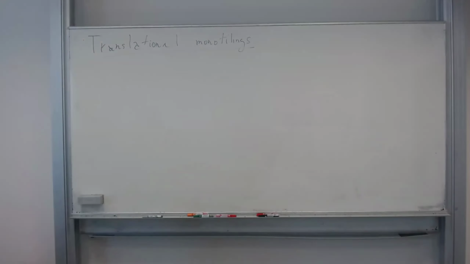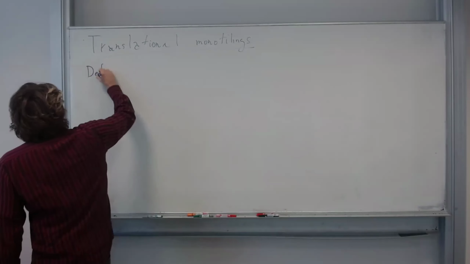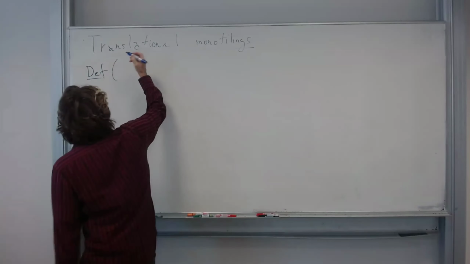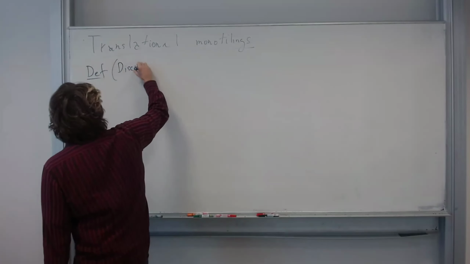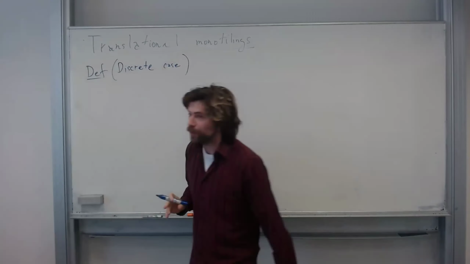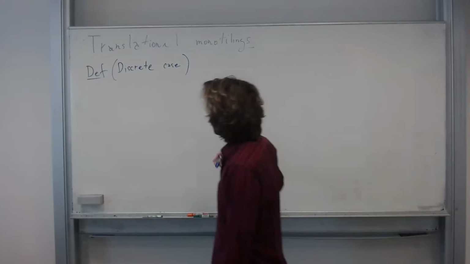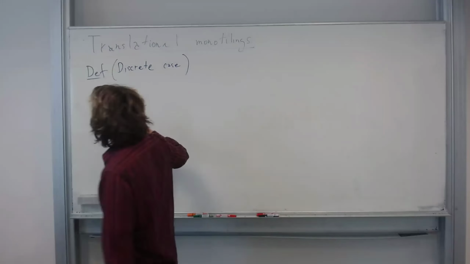I will talk about translational monotilings. So let me start with the main definition, which I think you have all maybe seen. In the discrete case, we want to tile the lattice Z^d by a finite set, and we only allow translations.